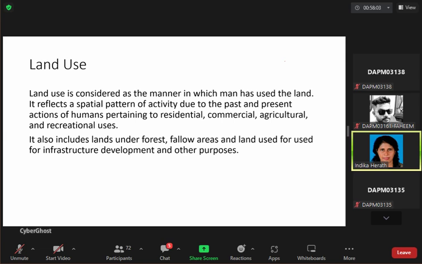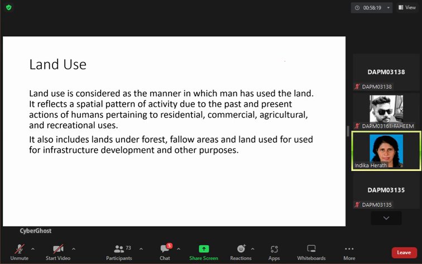If we go into agriculture in detail, agricultural land uses can also again be divided into various parts like perennial crops, annual crops.